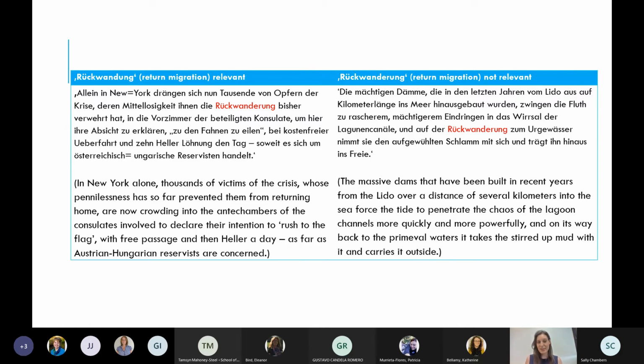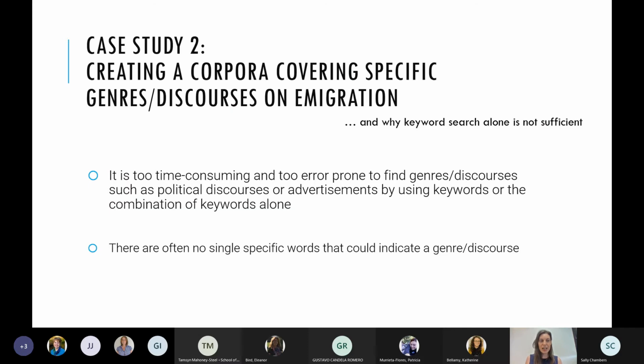And this was basically the question I started with when I tried to find methods to continue. And before I go to the solutions that I found, I'm showing you the second case study. This was the one creating a corpus on specific genres or discourses on emigration. And also here, keyword search alone was not sufficient.